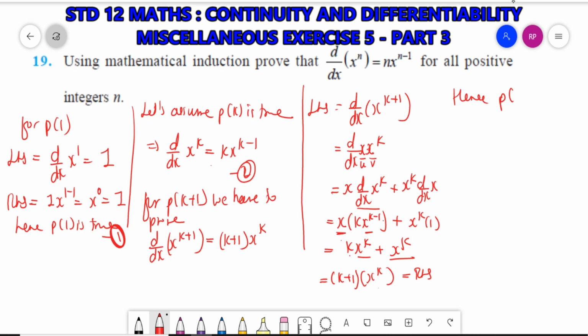Hence p of k plus 1 is true. Hence p of n is true for every n belonging to N, means for every positive number. Okay, so this was about question number 19. So just note it down.